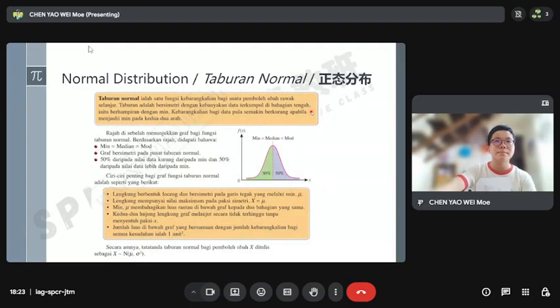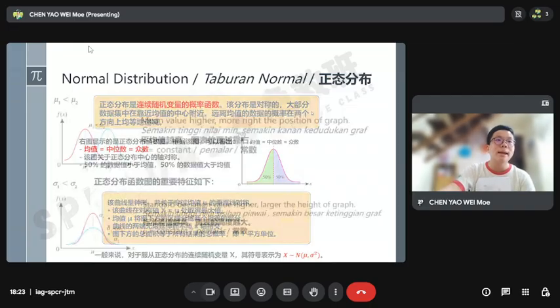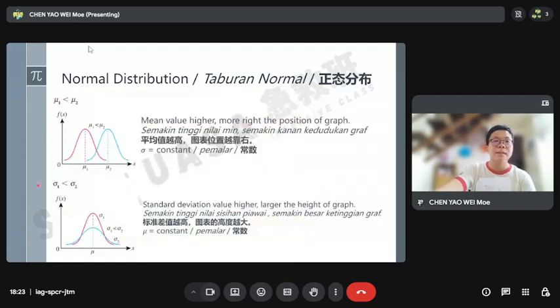Okay, and the graph can change when the mean and the standard deviation change. If the mean value is higher, the position of the graph is further right. If the standard deviation is larger, the height of the graph is lower.